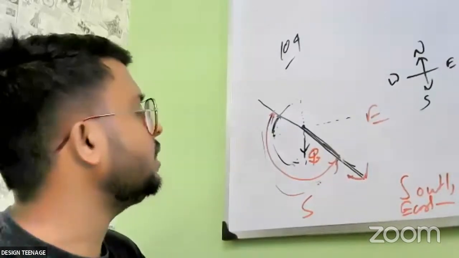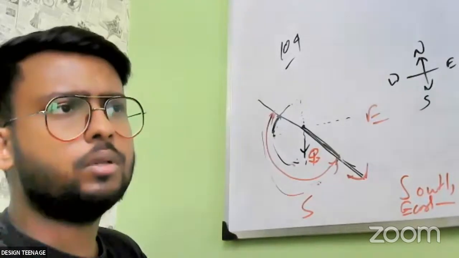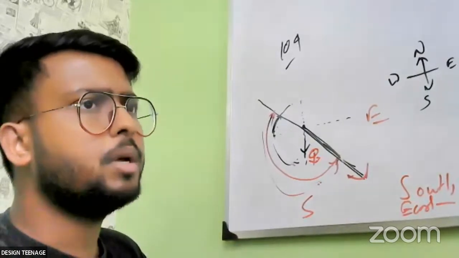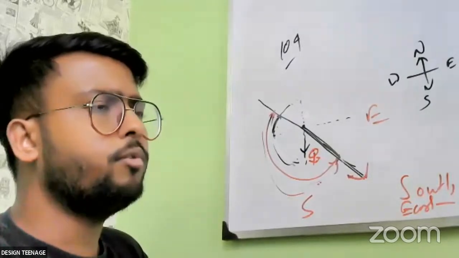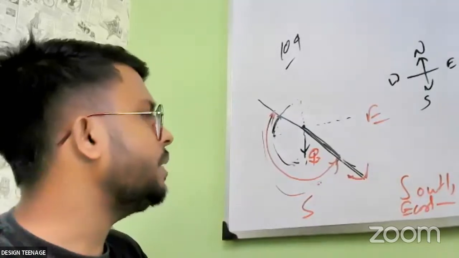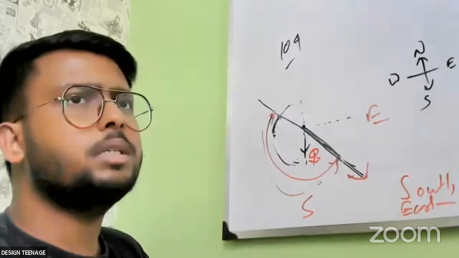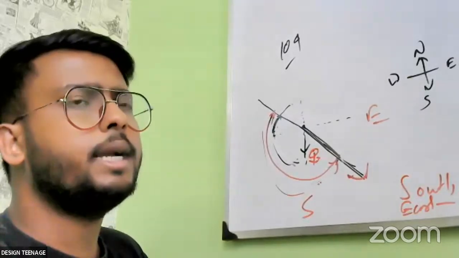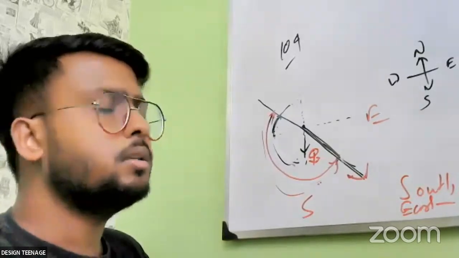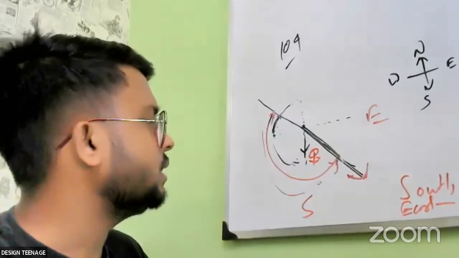So that means he is making a shift of 45 degrees towards his left. If he makes a 45 degree shift towards his left, that means anti-clockwise itself. So if it makes a shift towards his left in anti-clockwise direction, it is south to east.